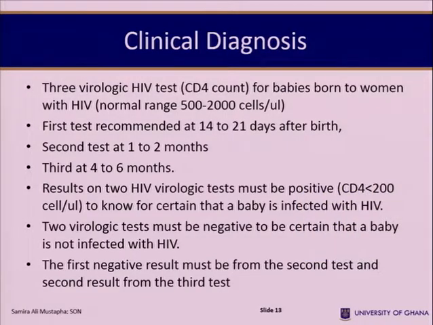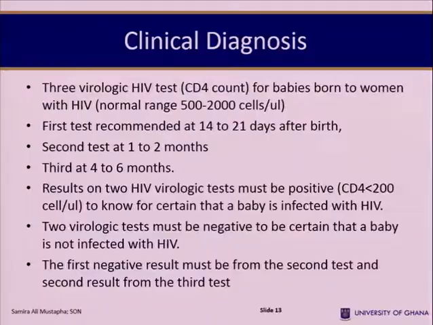Also, there are 3 virologic tests, and the CD4 count for the baby born to the mother ranges between 500 to 2,000 cells, which we should note is normal. We do the second test when the baby is between 1 to 2 months, and the third test when the baby is 4 to 6 months.